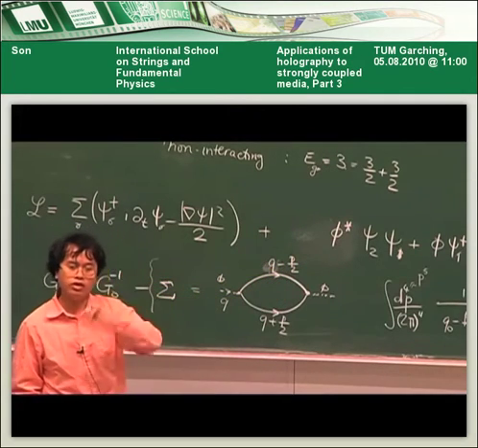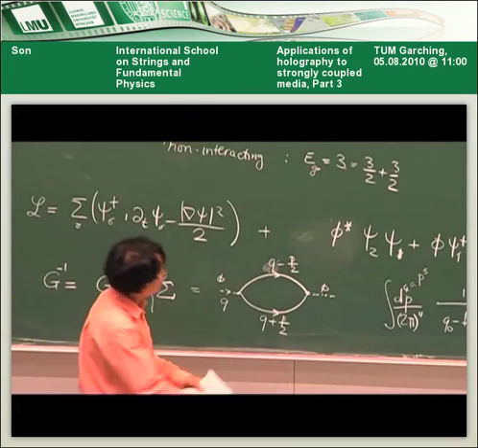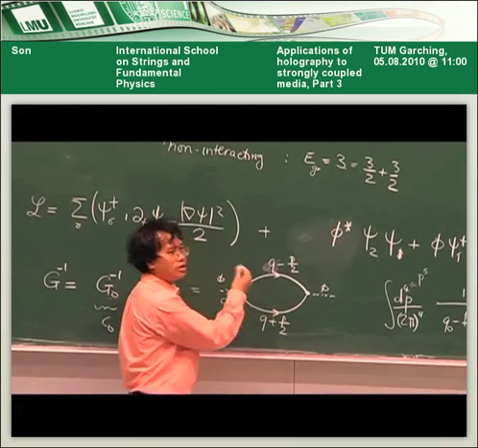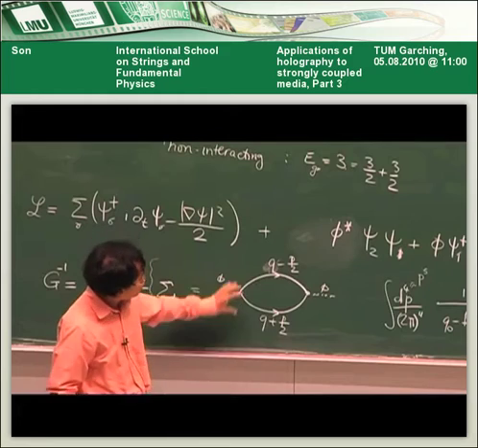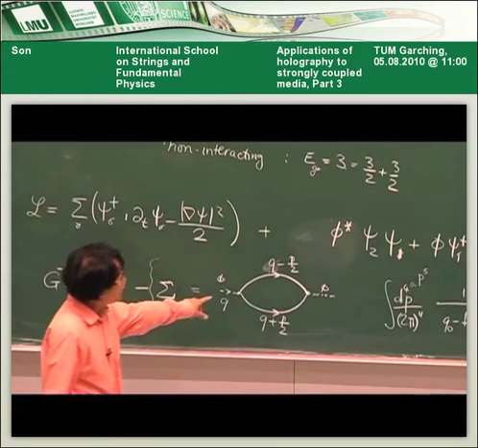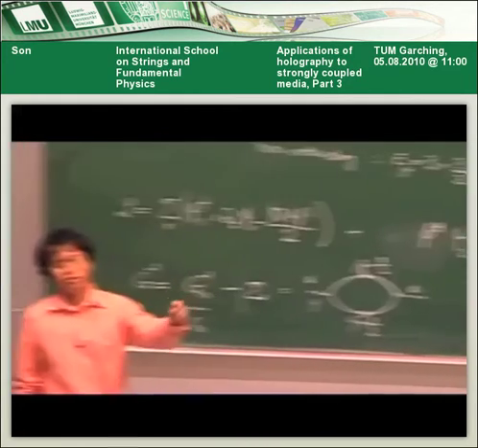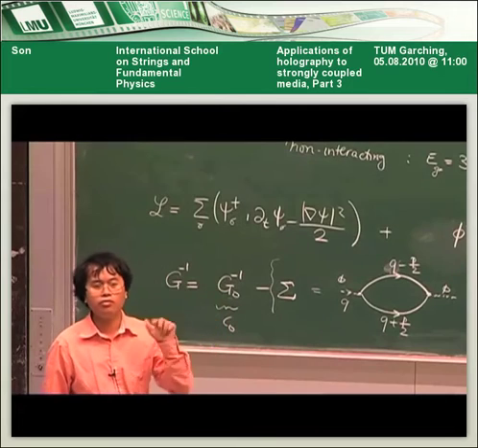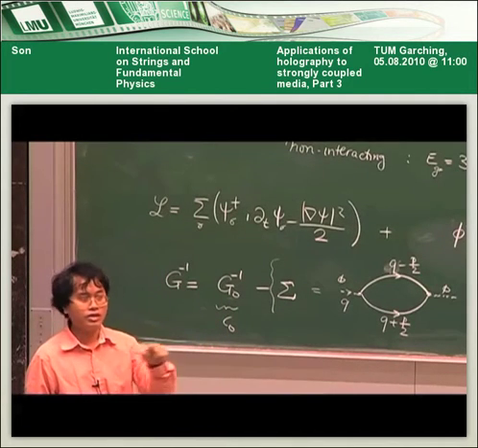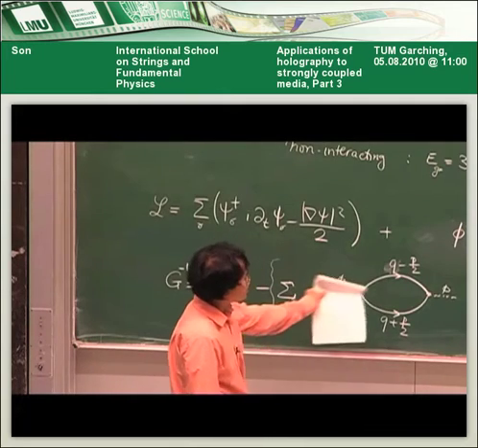It has poles only on one side of the complex plane. And so if you draw some other diagram, you will easily convince yourself that you cannot have all the arrows going forward in time. This is the only diagram that would be non-zero if you require that all the fermion propagators have to go in the same direction in time.